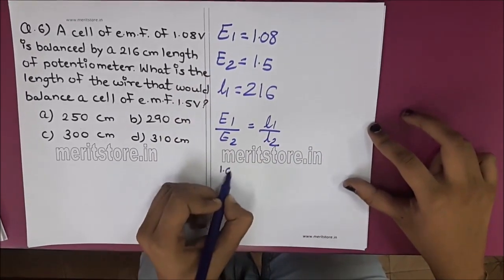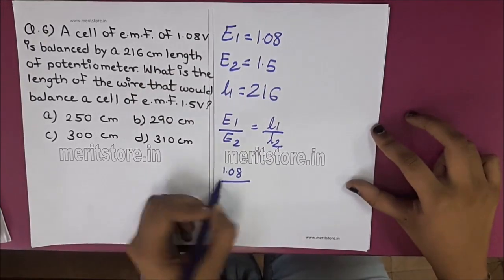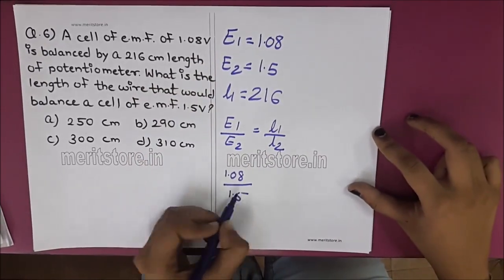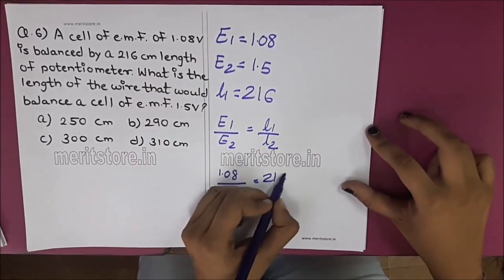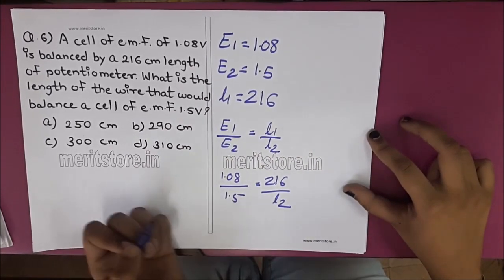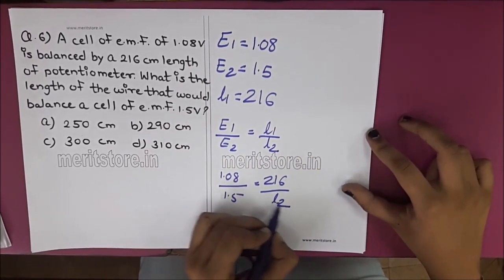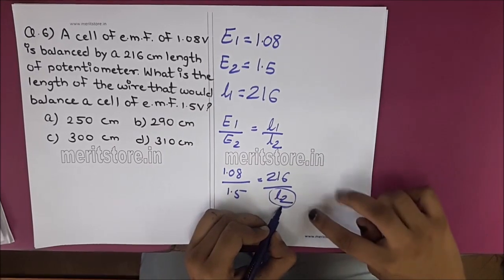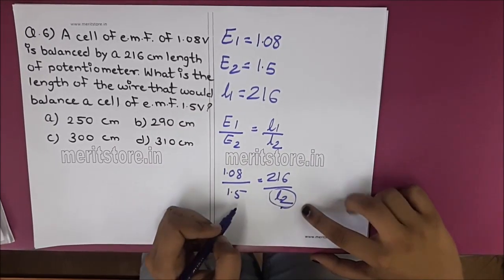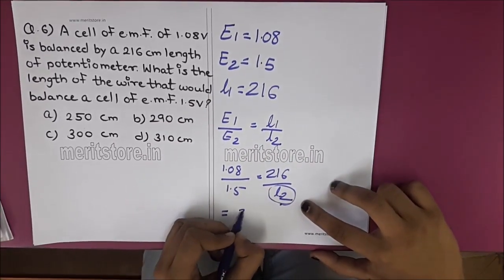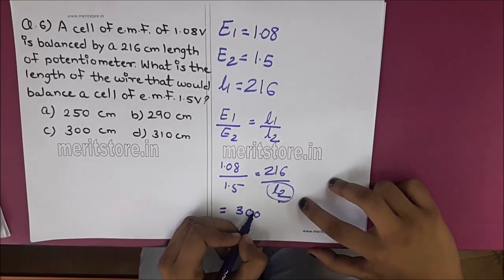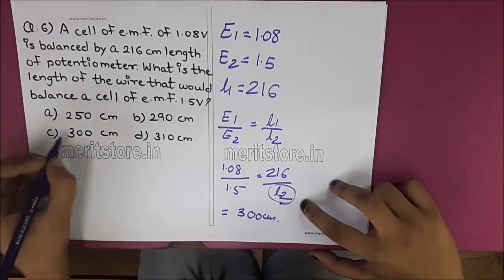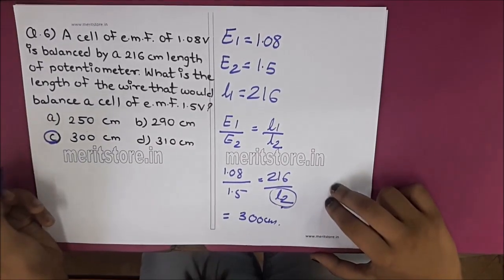We have the values of E1, E2, L1. Over here we only have one variable L2 and we have to find that variable. We'll solve this and we'll get the answer as 300 centimeter. Option C is the correct option.